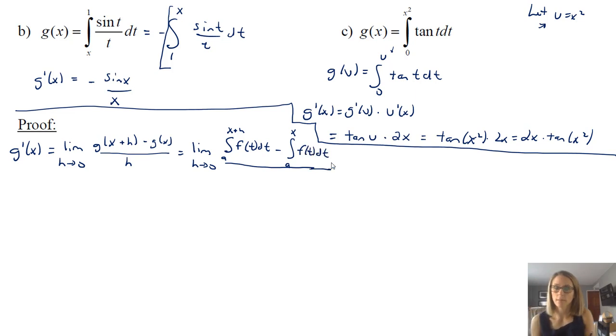By definition, that's just from the beginning of the fundamental theorem. So we're trying to show that this thing is equal to f of x. That's all we're trying to say.